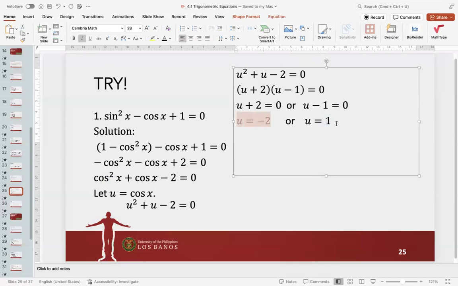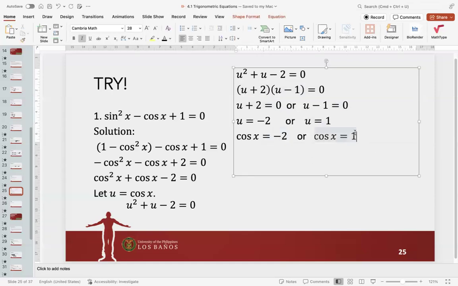So we change u to cosine x. And then for the other one, we again change u to cosine x.